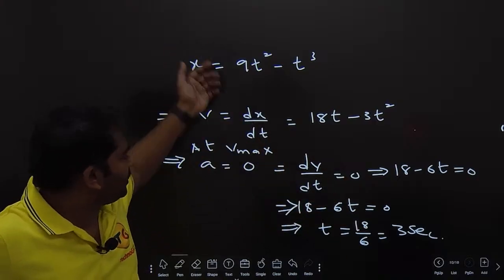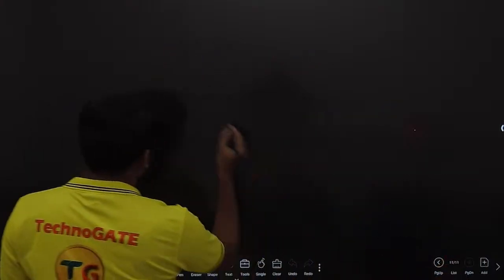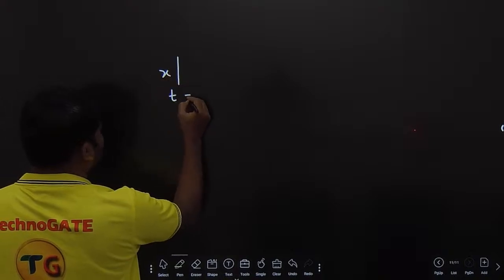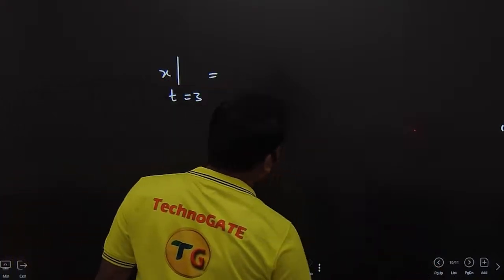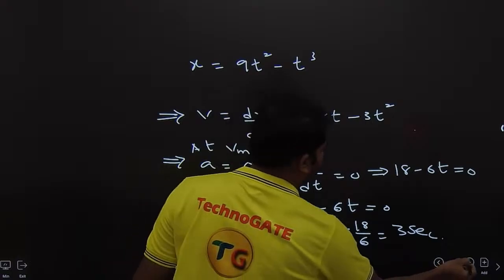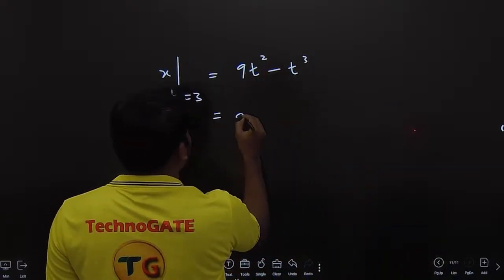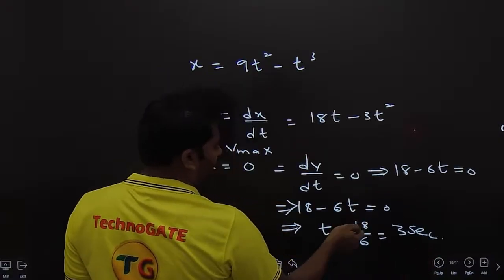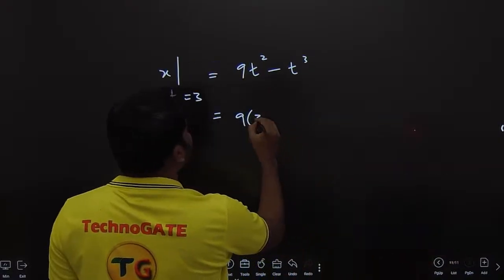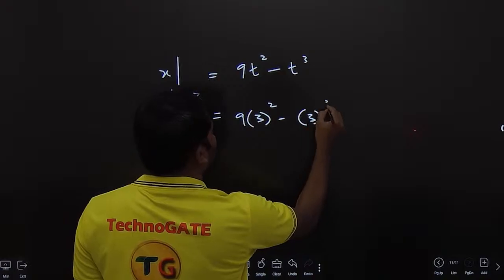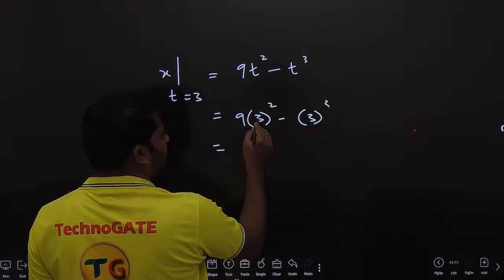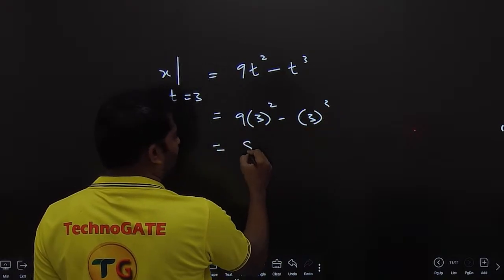So let us substitute in x. x when t is equal to 3 seconds, that is given by 9t square minus t cube. 9 into t value which is 3 whole square minus 3 whole cube. So it is 3 3s are 9, 9 9s are 81.